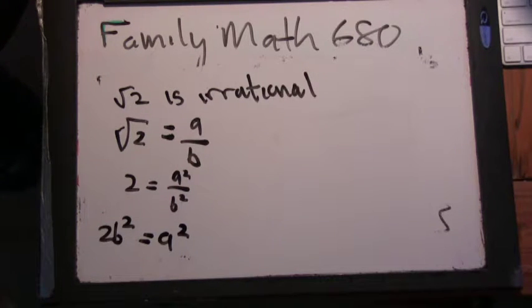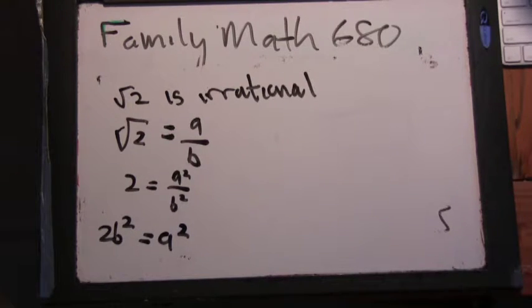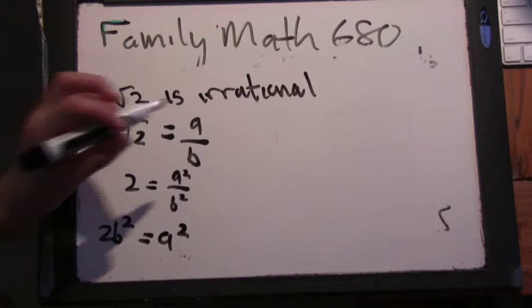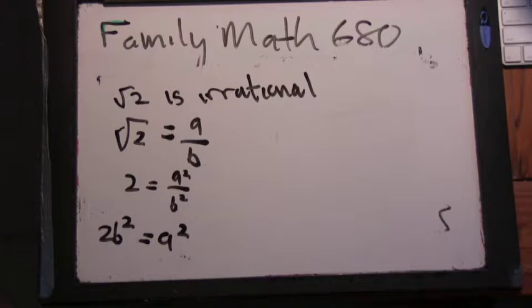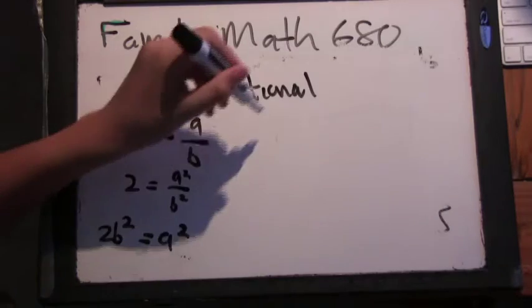Okay. Well, here, I guess, we know that a squared has to have a 2 in it. And since a squared is an integer, we know that a has to have a 2 in it. Alright. Which means that b shouldn't have a 2 in it. Alright, we'll work through that math.